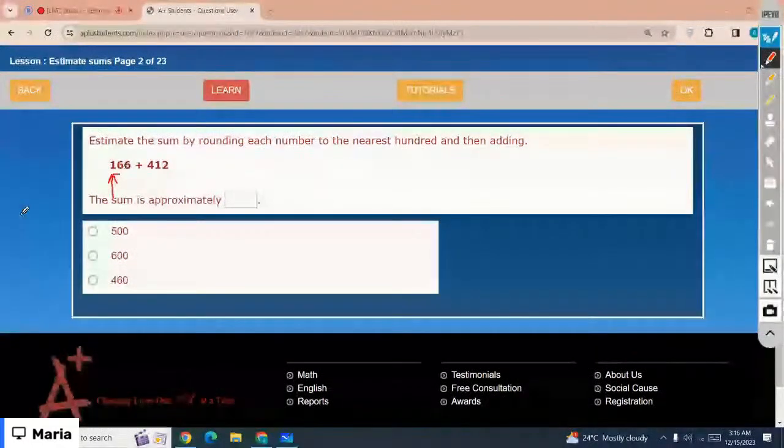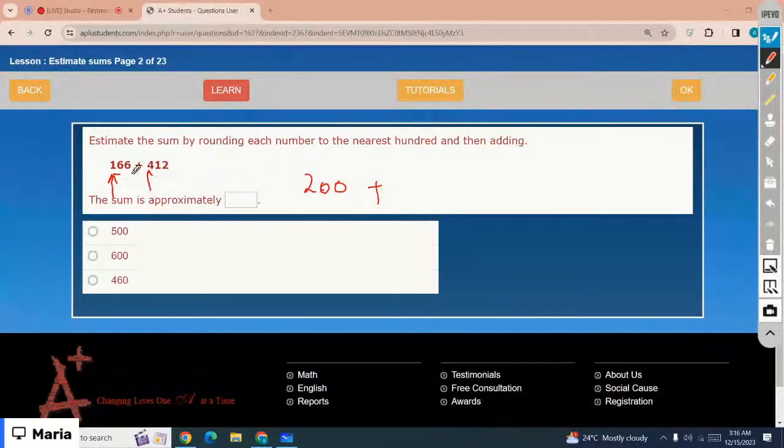Next to 1, you have 6, and 6 is greater than 5, so that is rounded to 200, right? Then 412. 4 is at the hundreds position, right? Next to 4, you have 1, and 1 is less than 5, so you need to round down to the same 100. It must be 400, so their sum must be 600, right? Very good. The correct option is 600.